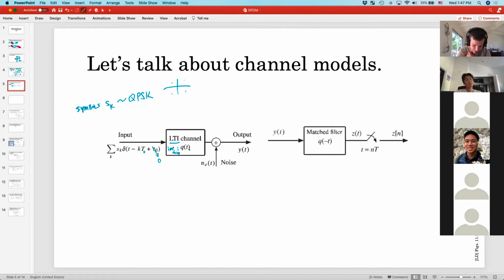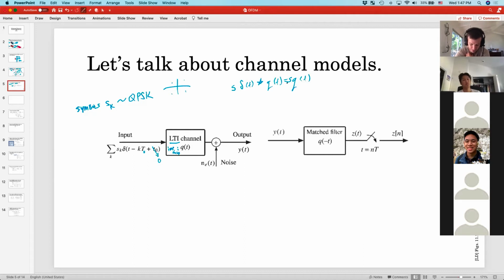Well, it's kind of like the channel is doing the pulse shaping, right? Because delta convolved with q is q. And if I have some symbol multiplying out here, some constant, then I get that symbol times q out here. So this is like letting the channel do the pulse shaping.